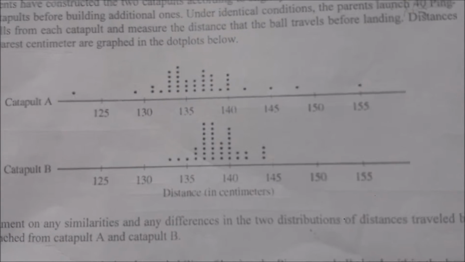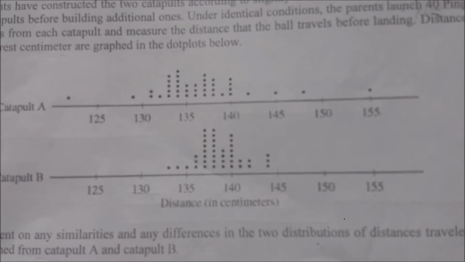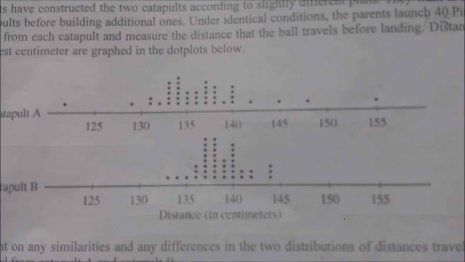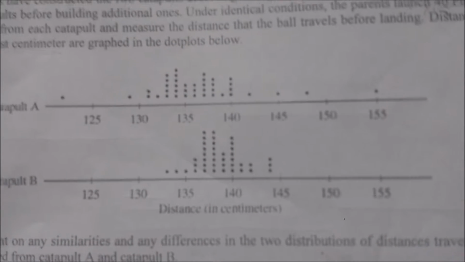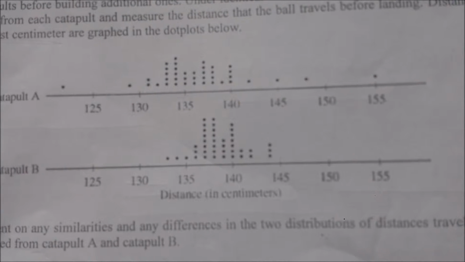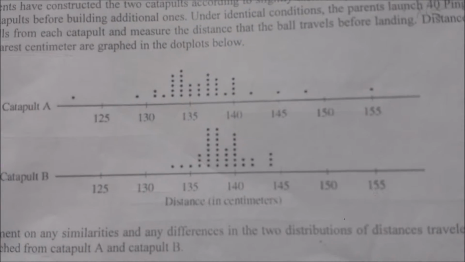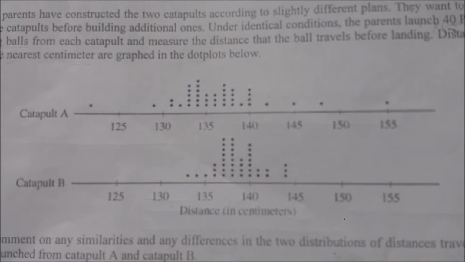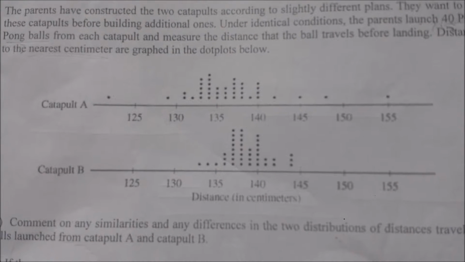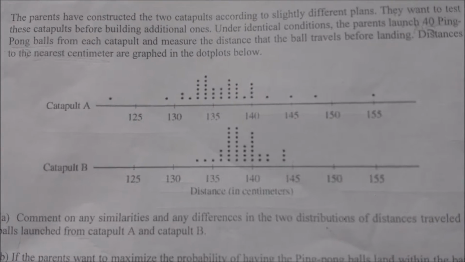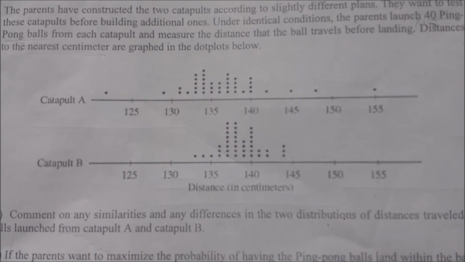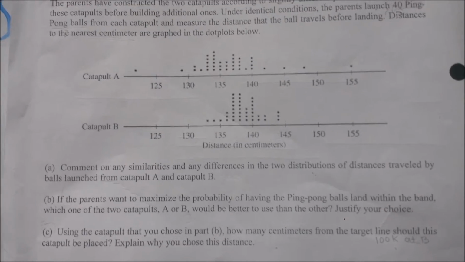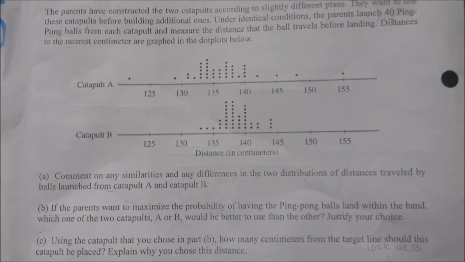Catapult A has a 5-number summary of a minimum at 121 centimeters, the first quartile at 133.5 centimeters, a median at 136 centimeters, the third quartile at 138 centimeters, and a maximum of 155 centimeters. Compared to Catapult B, whose standard deviation is approximately 2.5. That is how we use SOCS for letter A.